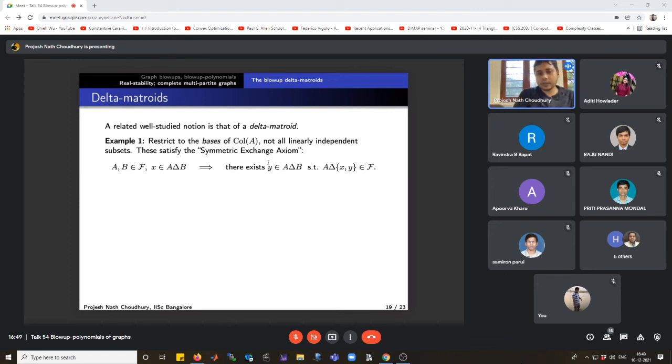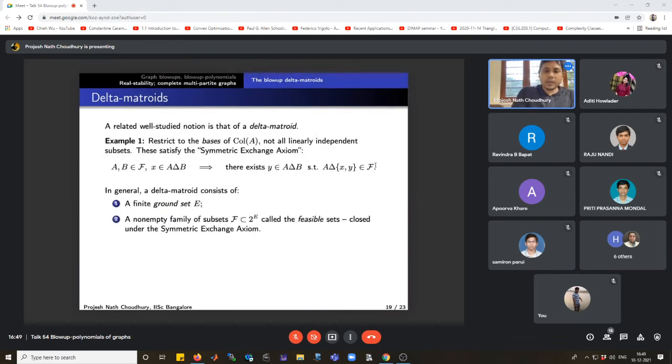Then there exists another Y in their symmetric difference such that the symmetric difference of A with the set {X, Y} again lies in this family F. So a family F of non-empty subsets of E which is closed under the symmetric exchange axiom, together with this ground set E, is called a delta matroid, and the sets in F are called feasible sets.